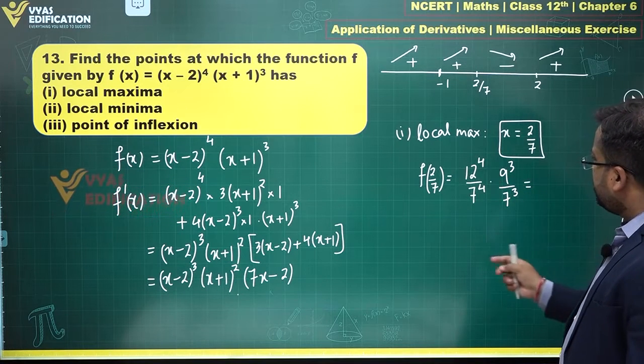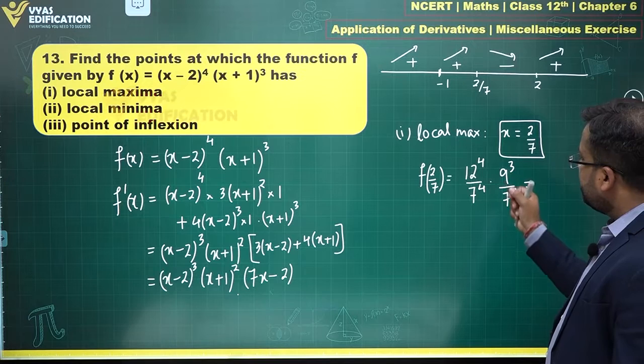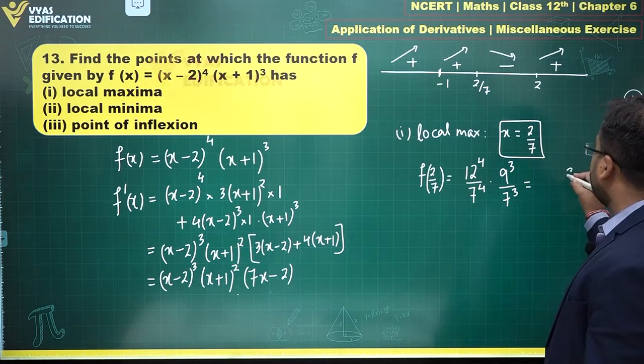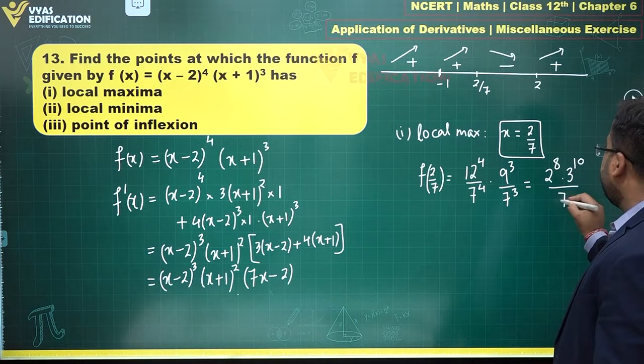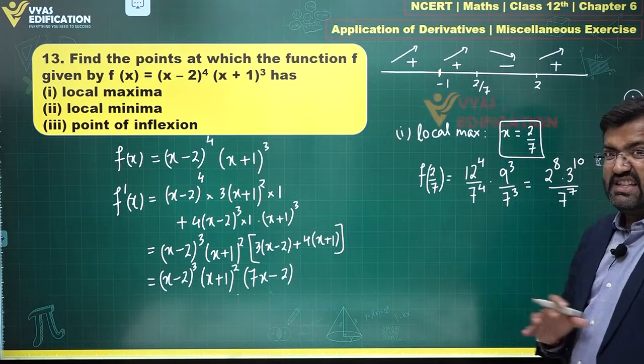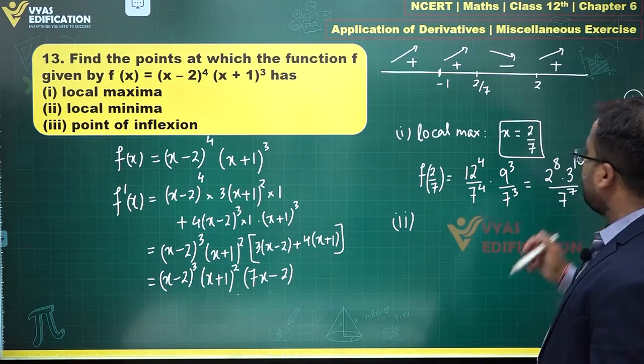This simplifies to 4^4, 3^4, and this is 3^6, so 3^10 is what I get. And 4^4 will become 2^8, over 7^7 is the value. This is the value of this local maxima, and the point will be 2/7 comma this.